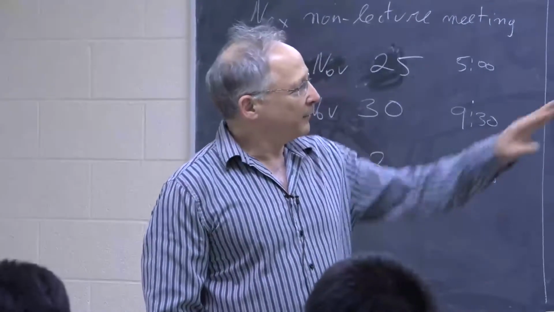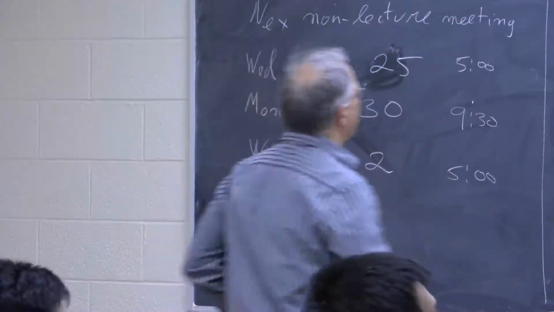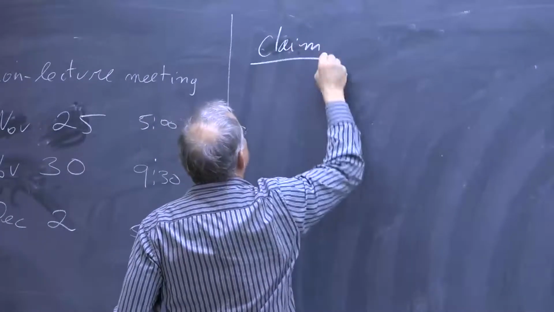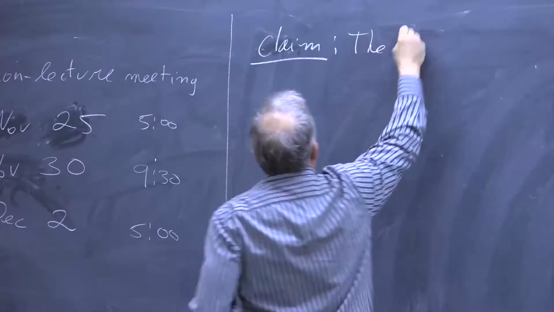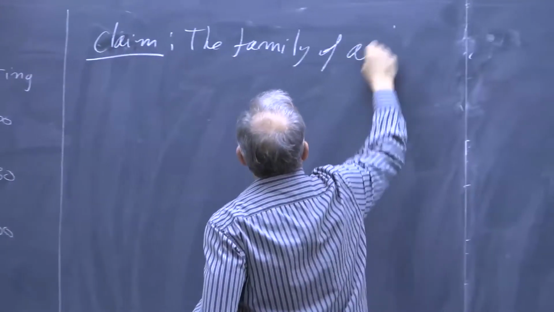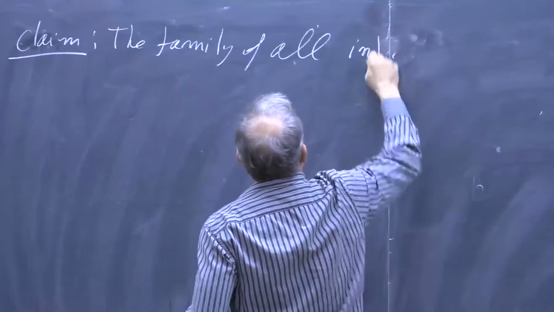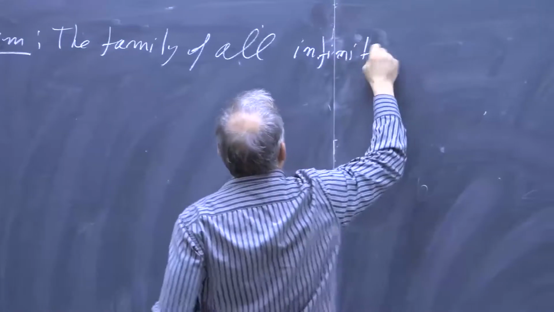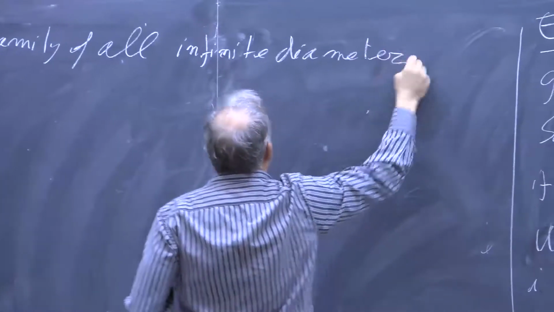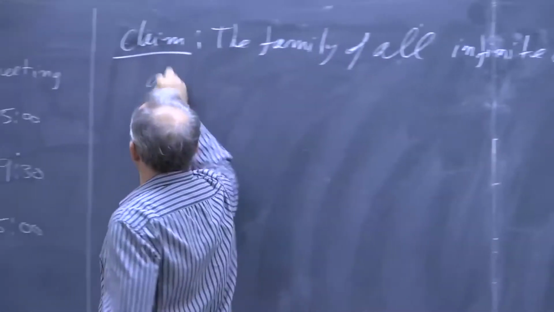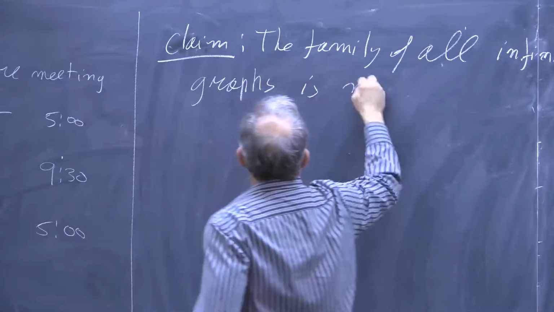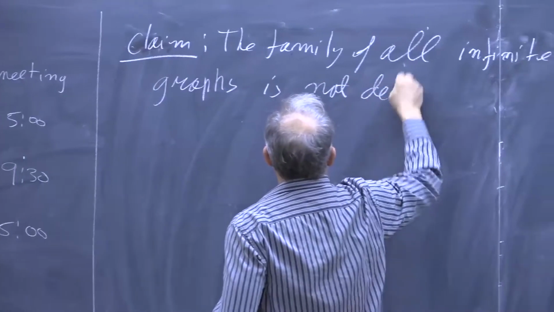Okay, so we have this definition. Now comes my claim that the family of all infinite diameter graphs is not definable.